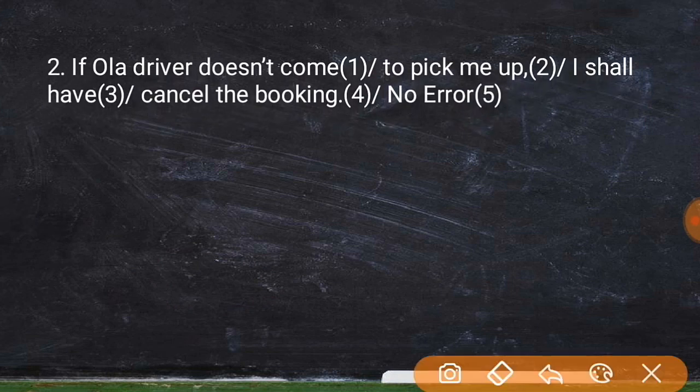Now take another example. If the Ola driver doesn't come to pick me up, I shall have cancelled the booking. Here the first section, that if the Ola driver does not come to pick me up, is right. And I shall, this is right, but then there is I shall have cancelled the booking.